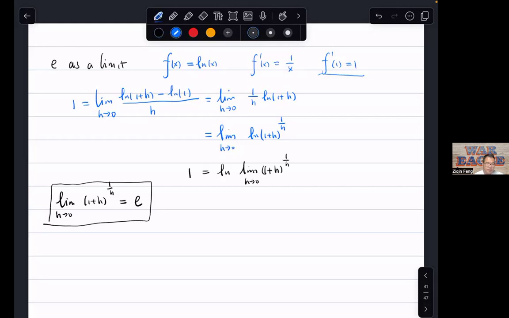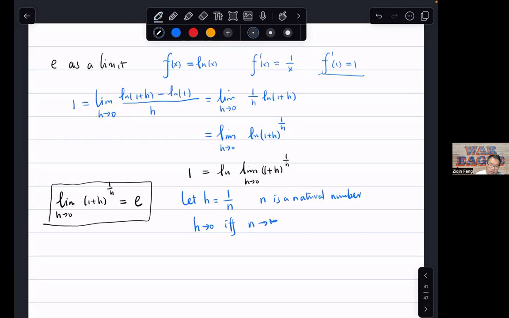Okay, so what's next? Let's do a substitution. We don't like the number going to 0. Sometimes we like the natural number going to infinity. If you let h equal to 1 over n, where n here is a natural number, which means h goes to 0 if and only if n goes to infinity, right?